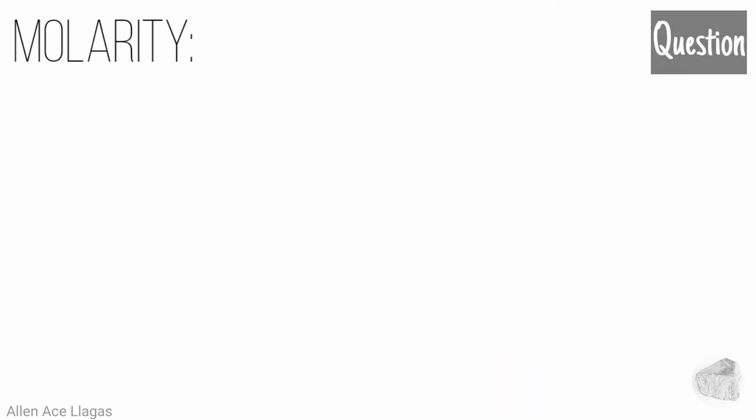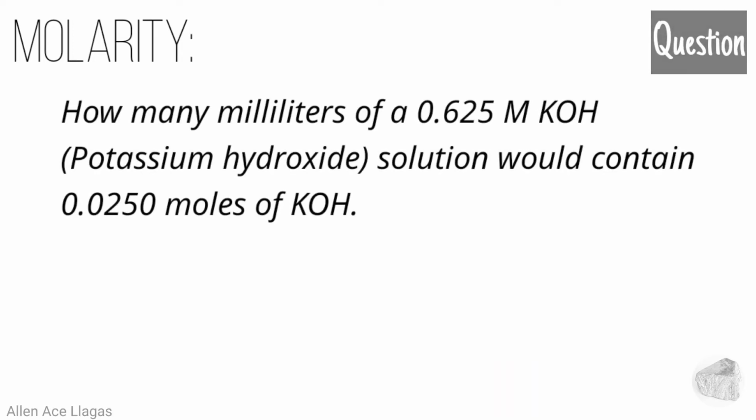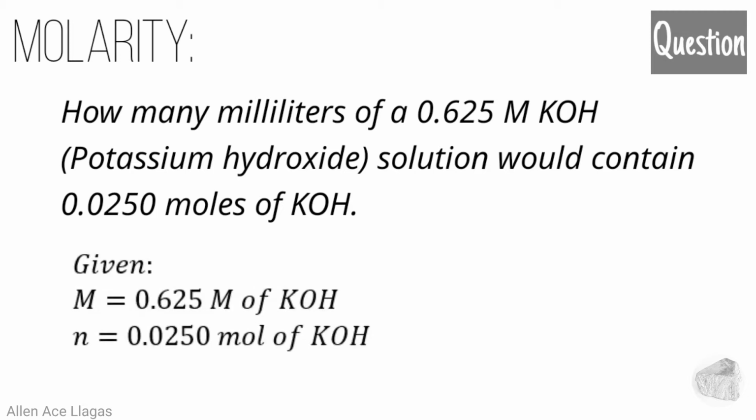Let's try this one. How many milliliters of a 0.625 molarity KOH, or potassium hydroxide, solution would contain 0.0250 moles of KOH? Our givens are 0.625 molarity KOH and 0.0250 moles of KOH. What we need to find is the volume in milliliters.